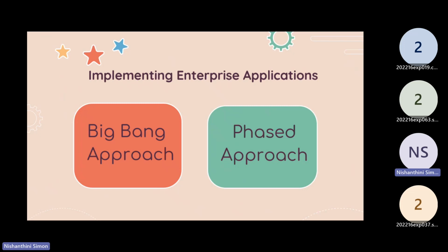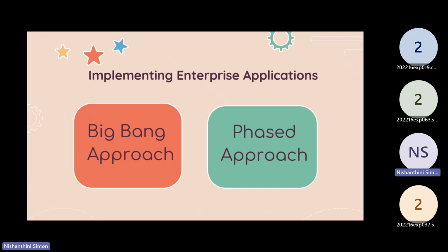But at the end, maybe we can come up with a better solution, or the final return could be better. But it depends on the organization, the process, the time, the budget, everything.